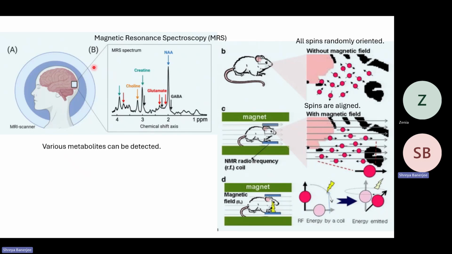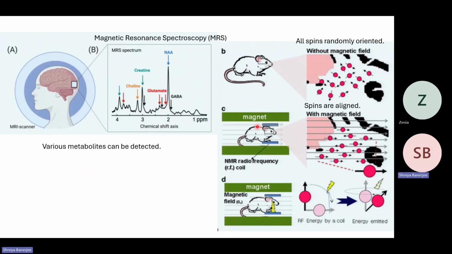Now we know about magnetic resonance. So MRS is a method that is used in vivo to detect various metabolites. Imagine in a mouse brain, without the presence of a magnetic field, all the spins are randomly oriented.